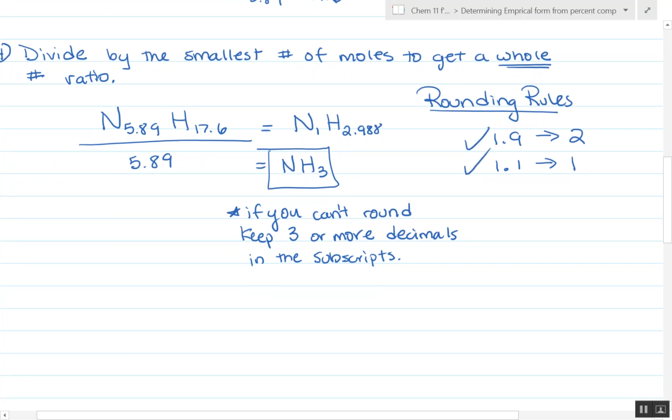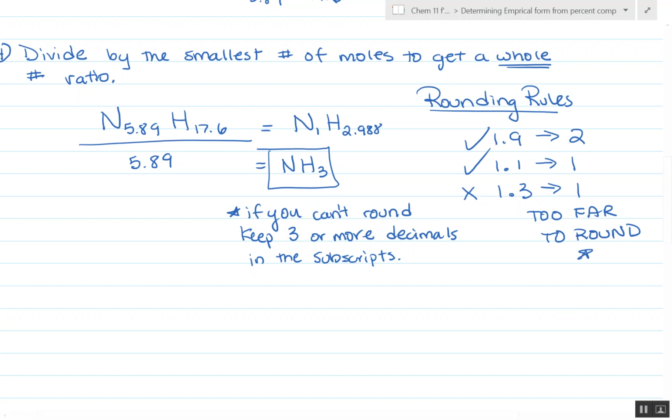However, it is not okay if I have a number like 1.3 to round down to 1. That is too far away from that whole number to round. Okay, so what you would need to do is we would need to multiply both the numbers in the compound by the lowest number that will make both whole numbers.